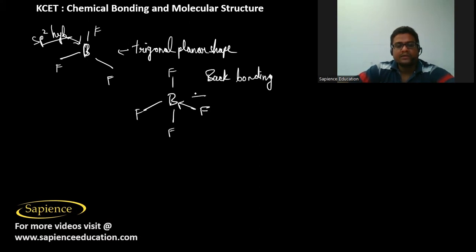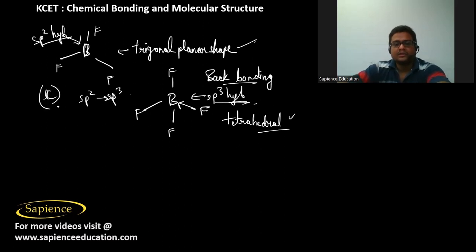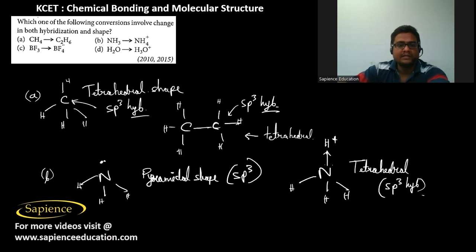So here we have sp3 hybridization, and the shape also has changed to tetrahedral. So in this case the shape changes, and the hybridization of the central atom, boron, also changes from sp2 to sp3, in option C.